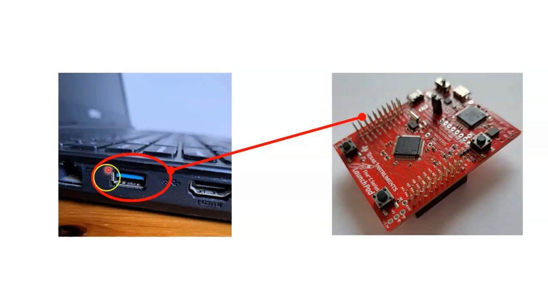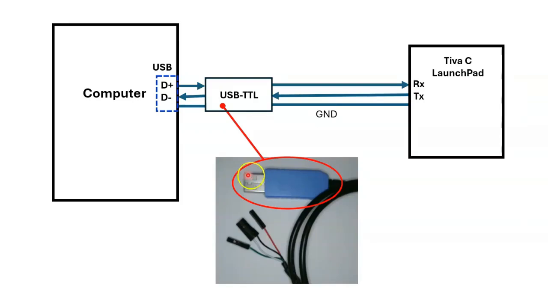All right, so I need to connect from the USB port here to the PE4 and PE5 pins, which is the UART 5 module. Now, in order to do that, I need a USB to TTL adapter cable as shown here.